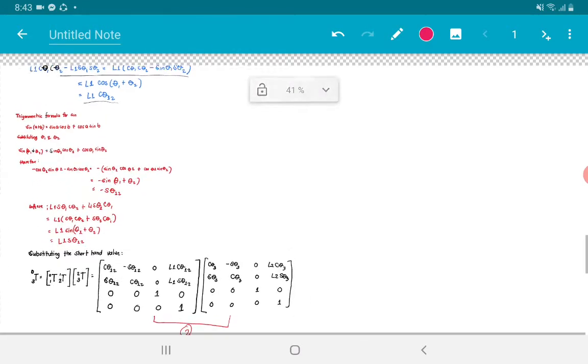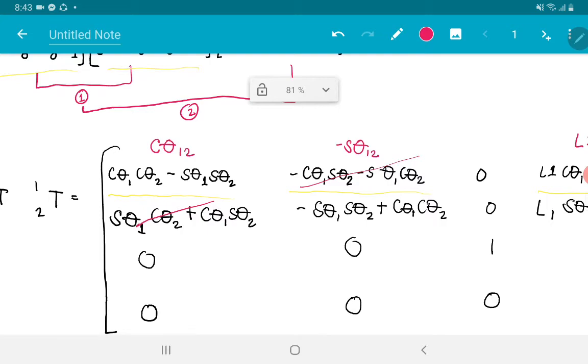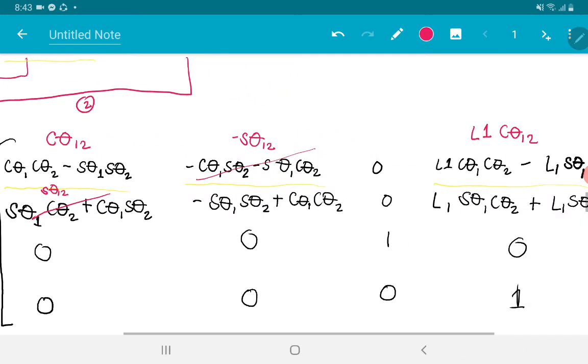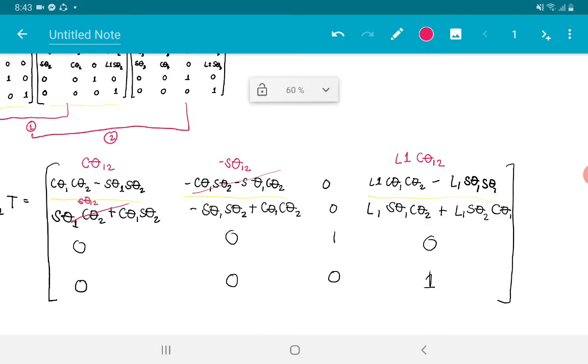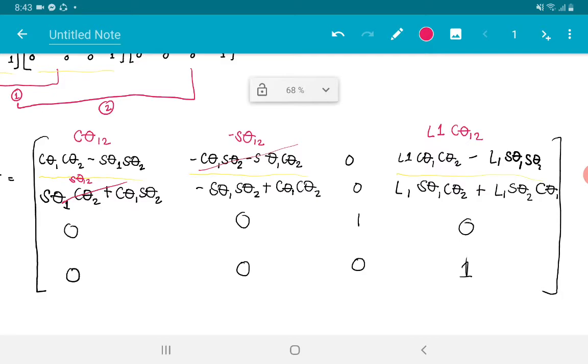Then the next is, we need also to substitute the values. So this is sine theta 1, 2. Then this one is cosine, so this could be cosine theta 1, 2.